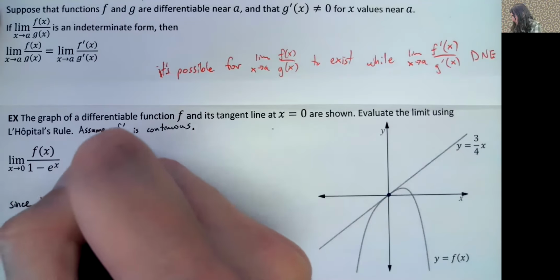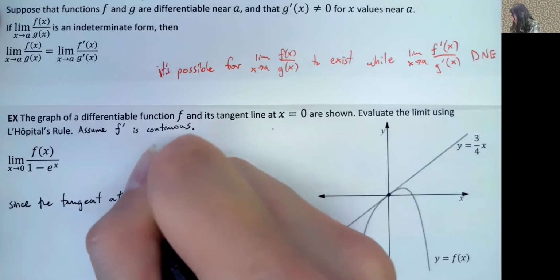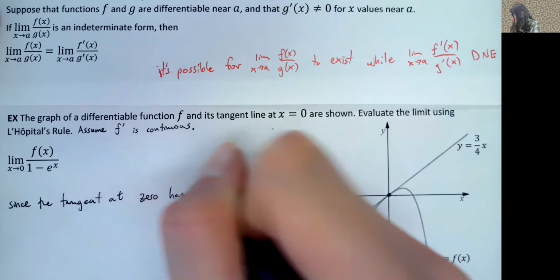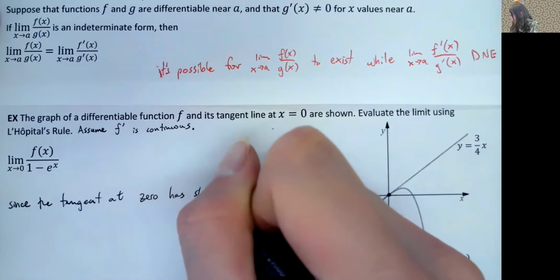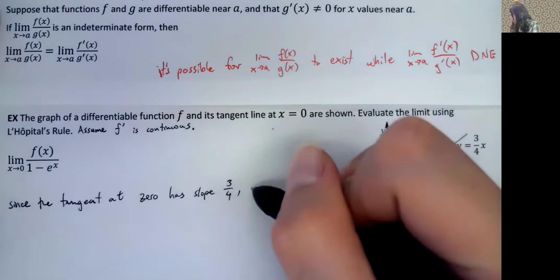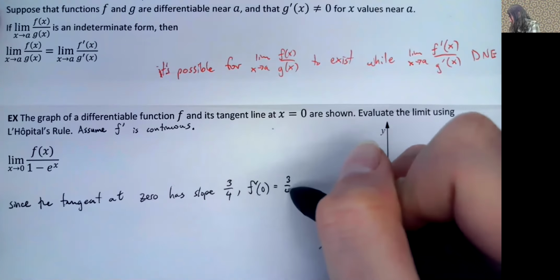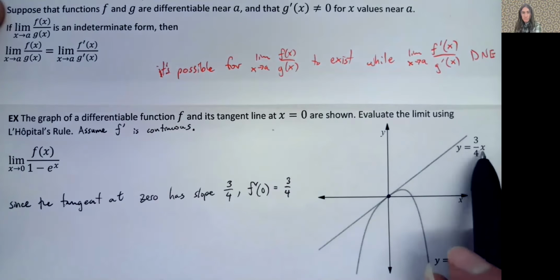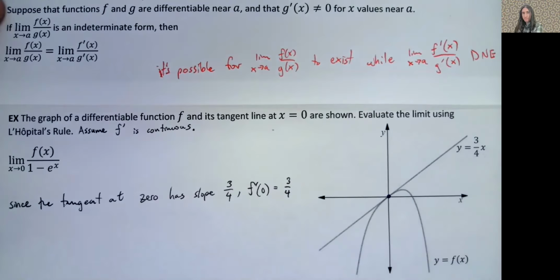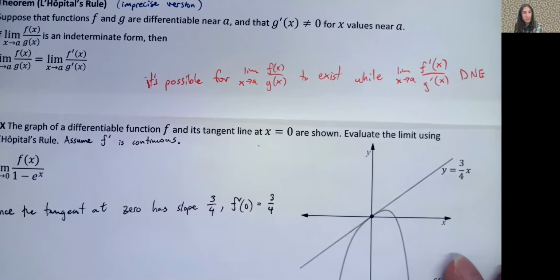Since the tangent at 0 has slope 3/4, we know that f prime of 0 is equal to 3/4, right? That's the meaning of the derivative here. Like the most basic fact of Calc 1 there, okay?